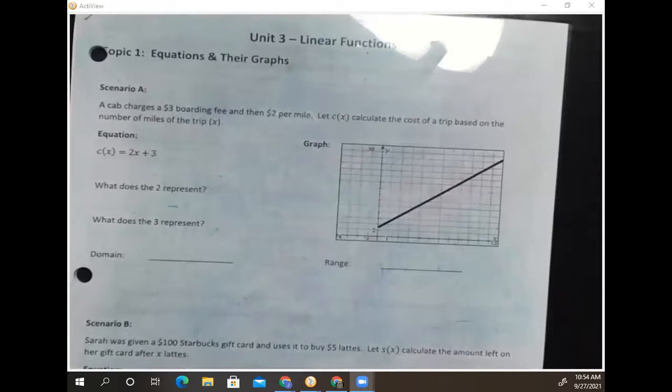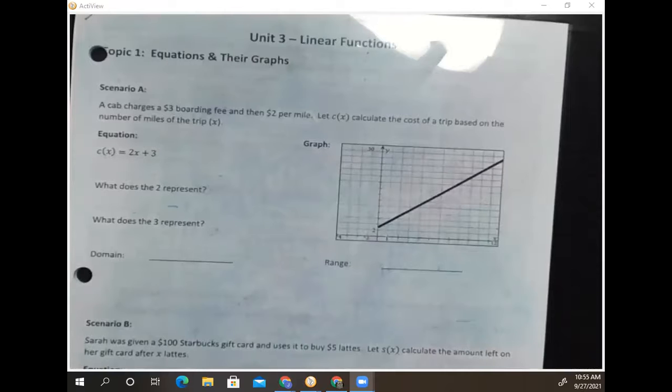The next thing we're going to take a look at is the start of Unit 3. So Unit 3 is all about linear functions. We are vaguely familiar with linear functions, as I saw from our pretest last week.